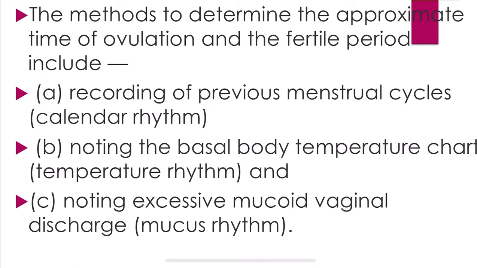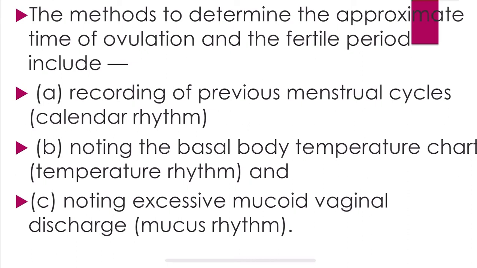Following ovulation it is going to rise by 0.2 to 0.5 degrees Celsius. This rise in temperature will help her determine the fertile period. This is the temperature rhythm.